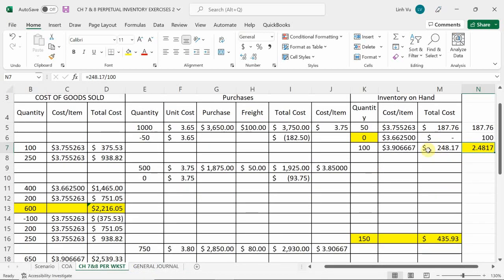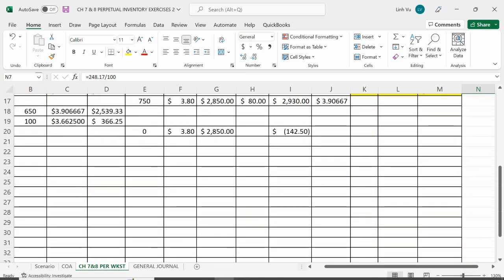That's the total amount minus the discount. So right now you should be at a grand total of 150 units at $435.93. And there you go. I adjusted my inventory already for that discount of $142.50.